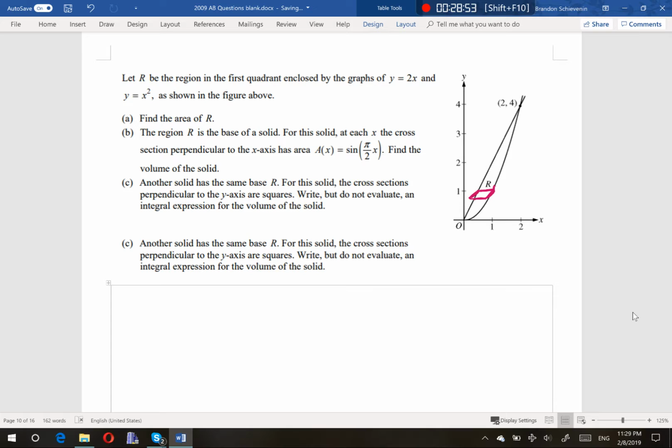Each one of these squares has an infinitely small change in x side. That is the width of these squares. Okay, so it looks something like this.